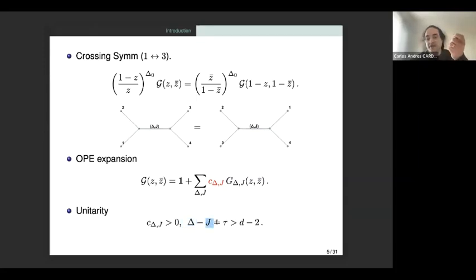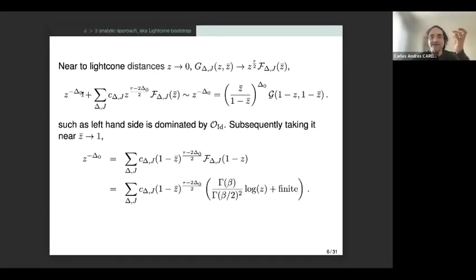The vacuum doesn't satisfy this condition, but for the next operator in the spectrum, I need to satisfy it. So if you are in dimension greater than 2, then these cannot be 0. That implies that there is a gap, a separation between the vacuum operator, when these two are 0, and the first operator that can appear in this sum, which is the lowest dimension operator that you can have in your theory. And this gap is very important because it allows this separation.